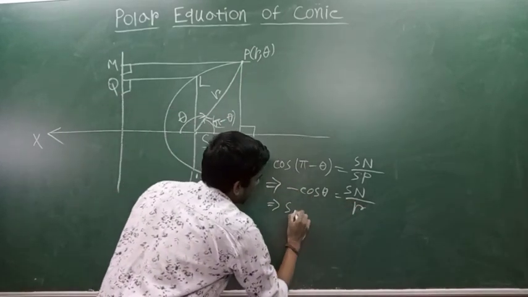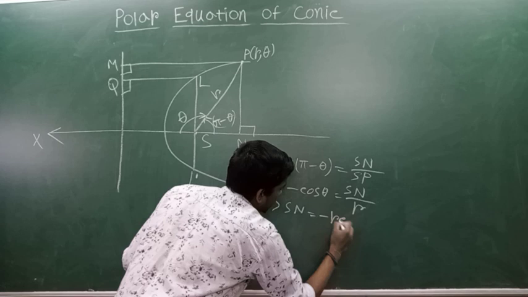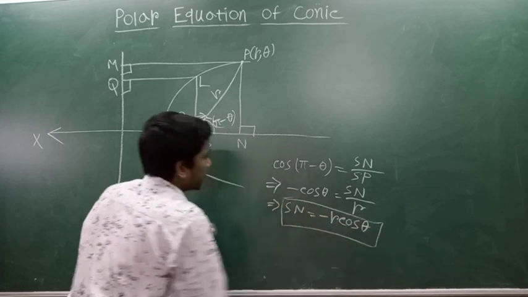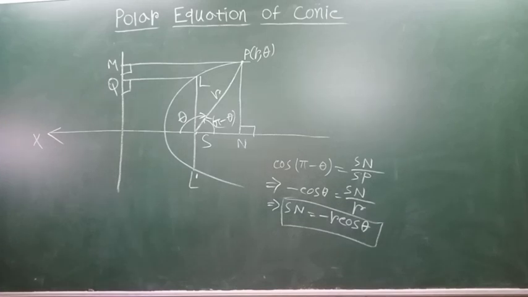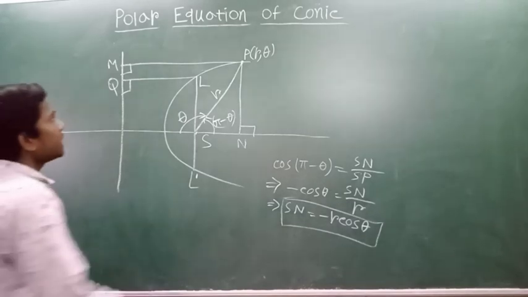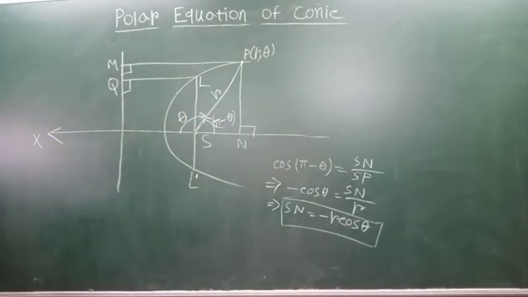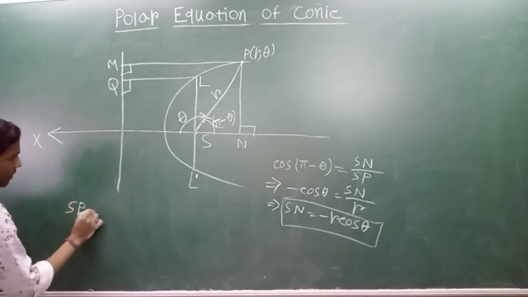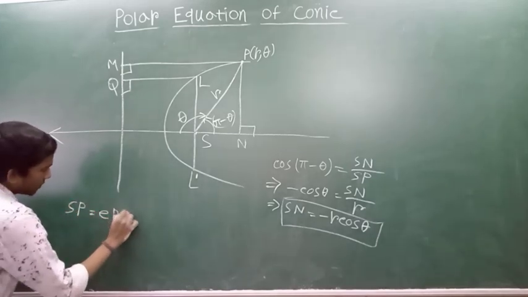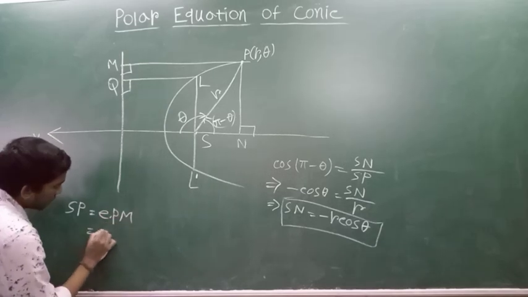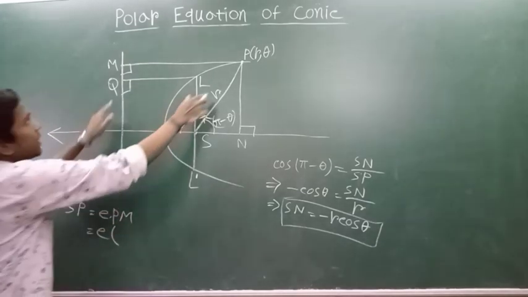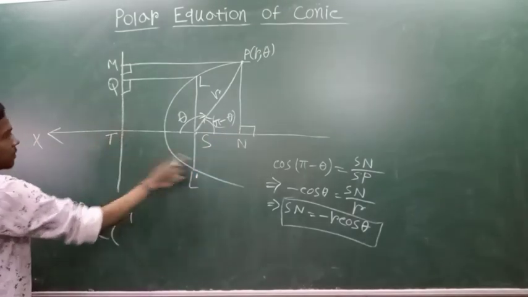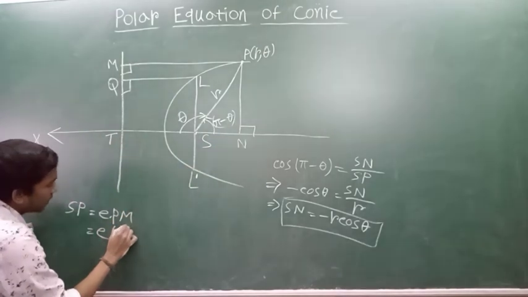So this implies SN is equal to minus r cos theta. Take this in your hand. Now P is a point on the conic, so we can say that SP is equal to e into PT, where PT is this distance, which is nothing but this distance, and this point is T, so we can write TN instead.